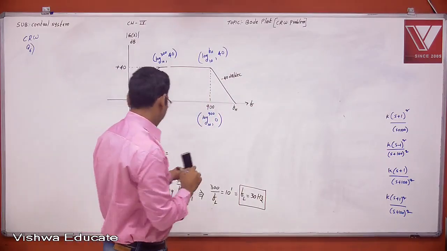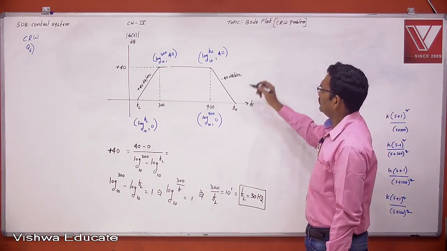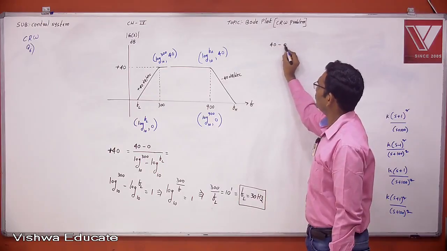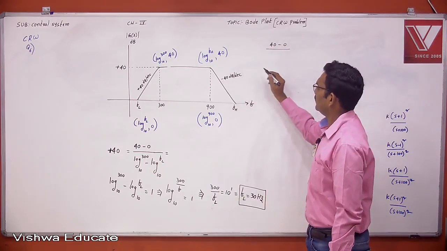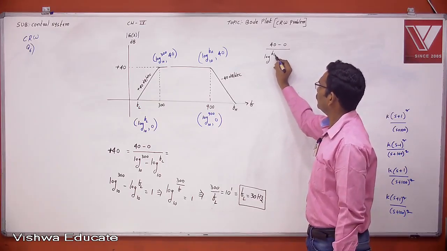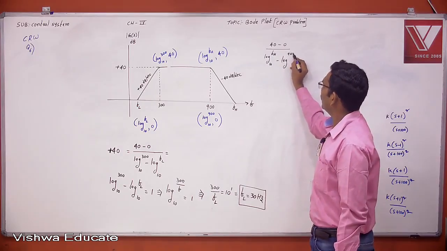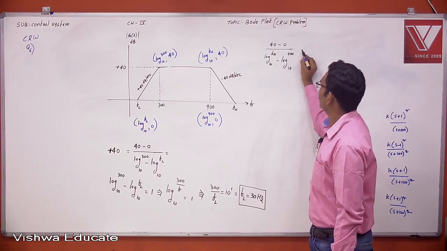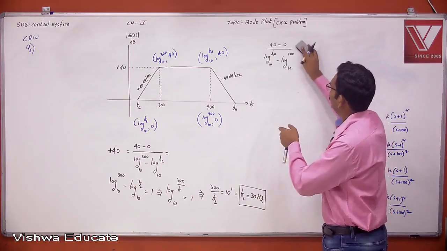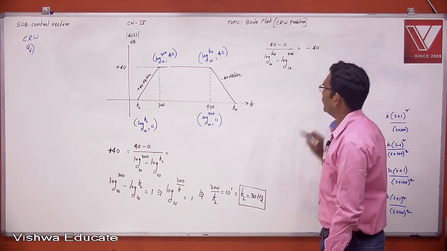Now similarly, if you find for that, x1, y1, x2, y2, y2 minus y1, 40 minus 0, y2 minus y1 by x2 minus x1, log FH base 10 minus log 900 base 10, which is equal to minus 40 dB per decade.